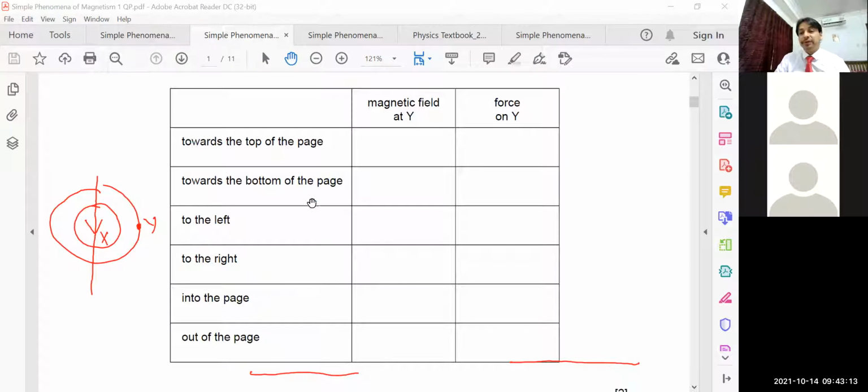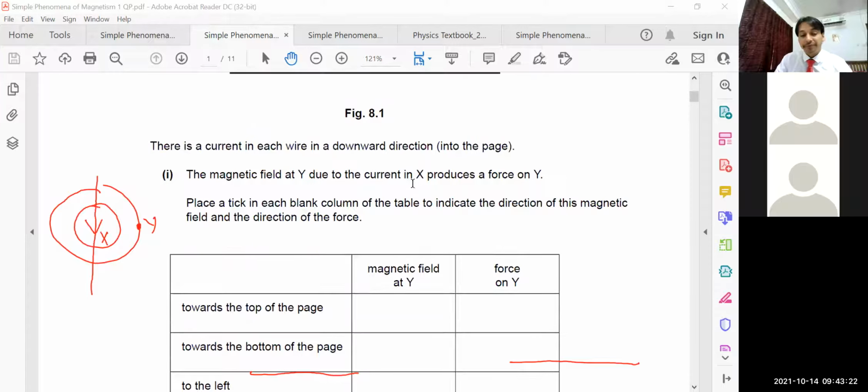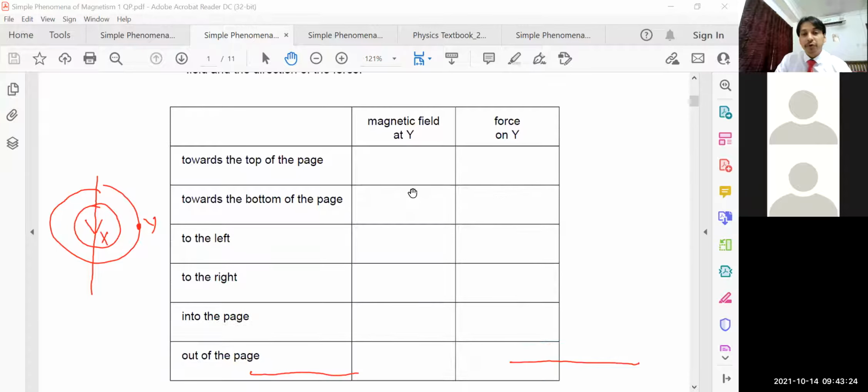Now children, whoever finds this answer, please tell me where is the direction of the magnetic field at point Y? Where should I put a tick mark? Abhishek, Himanshi. I have explained the rule.